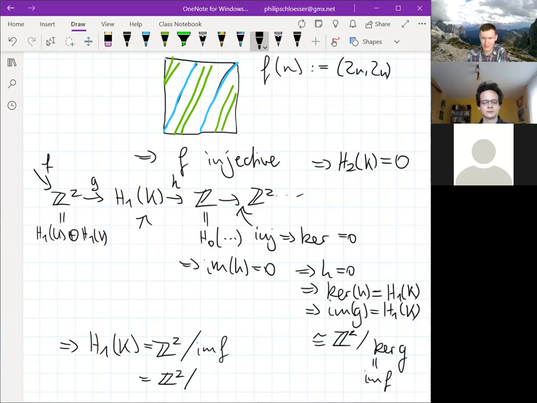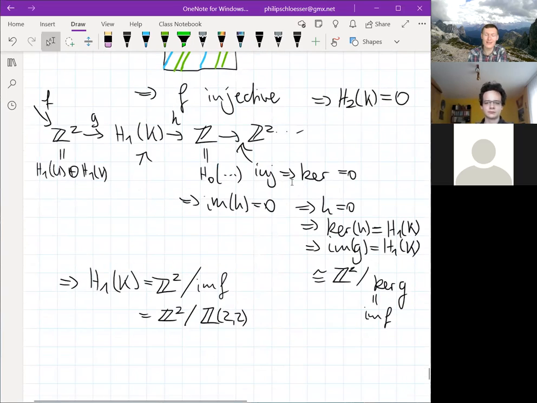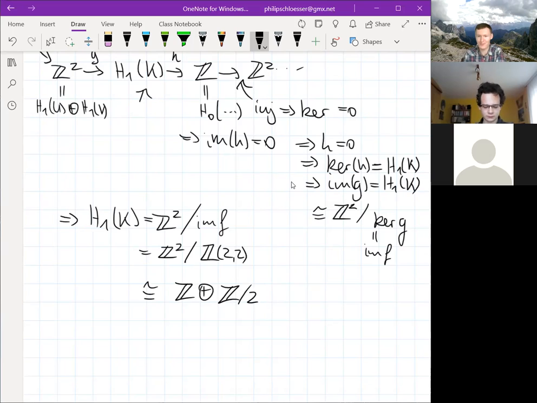Well, that was basically Z times the vector (2, 2). So what is this isomorphic to? Well, it's isomorphic to Z direct sum Z over 2.